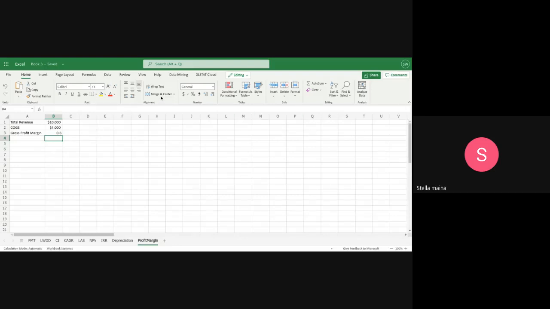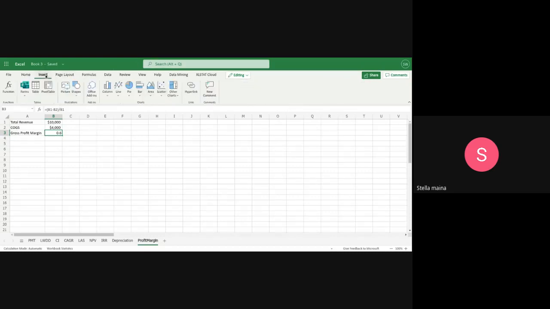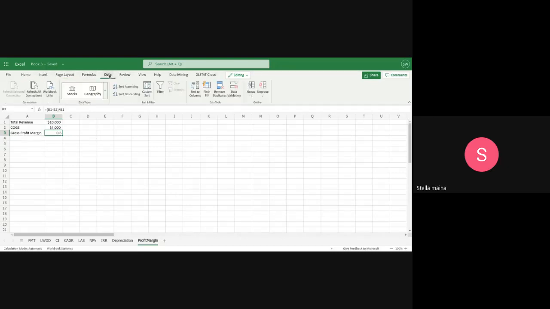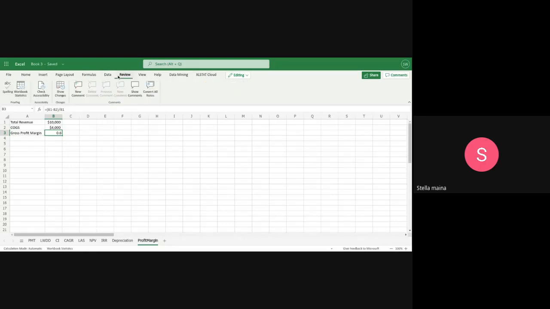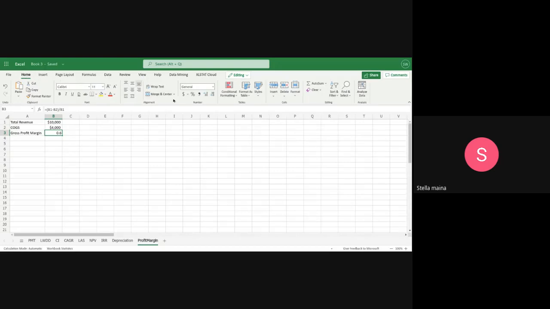If you decide you want to apply it as a percentage, just click on it there and go to the home tab.